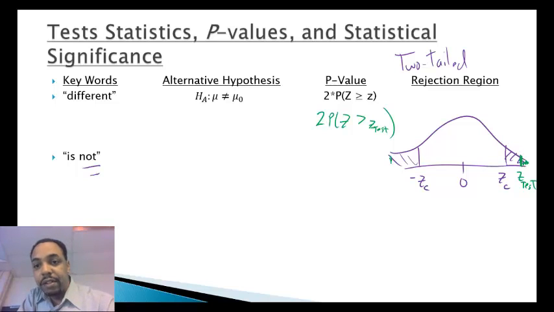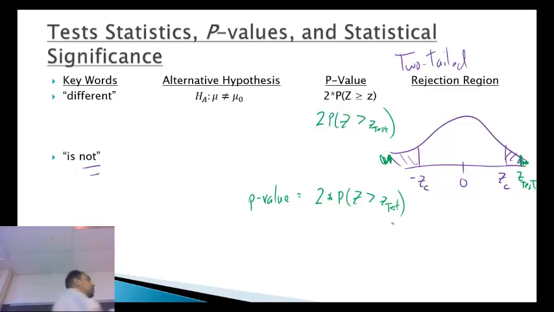Do the mirror image over here, in which case you'd find the p-value is equal to 2 times the probability of getting a z-score larger than your z-test statistic, which is what I have up front. But use your knowledge of symmetry, right?